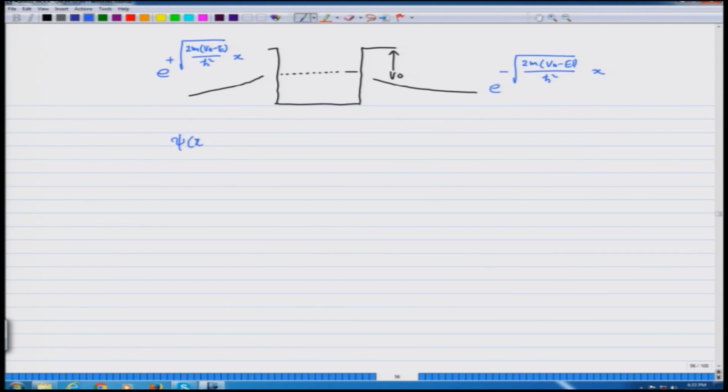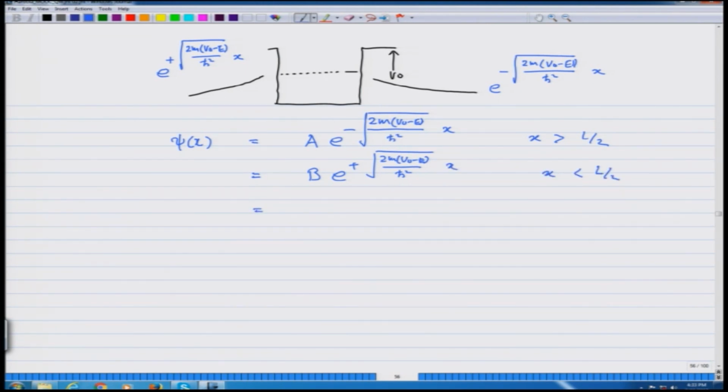So, psi x we can write as sum a e raised to minus square root of 2 m V 0 minus E over h cross square x for x greater than L by 2, is equal to sum b e raised to plus square root of 2 m V 0 minus E over h cross square x for x less than L by 2, and a linear combination sum c e raised to plus i x plus d e raised to minus i times this something under the square root x between minus L by 2 to L by 2.